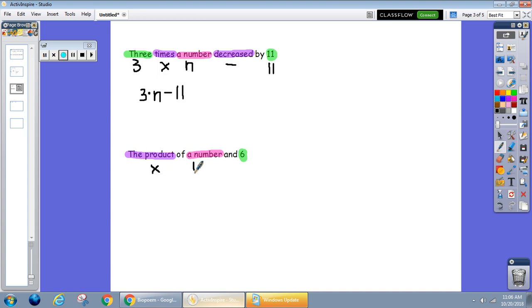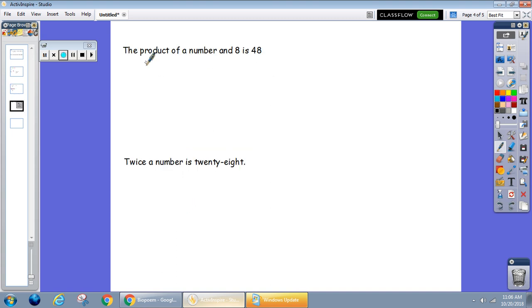A number, we'll call it n, and then 6. Obviously, this one is not in the right order, so we need to think. The product of a number and 6. Well, we need to make it n times 6. Does this show me the product of some number and 6? Yeah, it does.